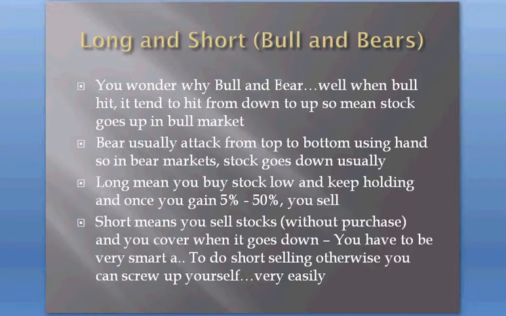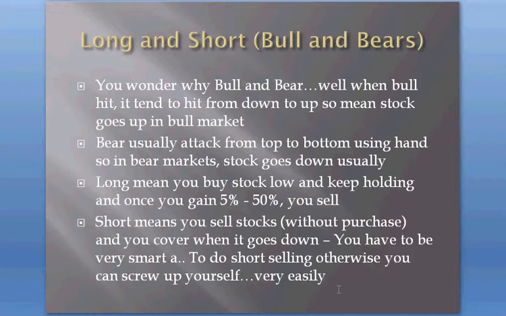Long means when you buy a stock low and keep holding it, and then once you gain like 5%, 10%, sometimes 50%, you sell it. It depends how much patience you have. Short means you sell the stock without purchasing it, and then you cover it when it goes down.